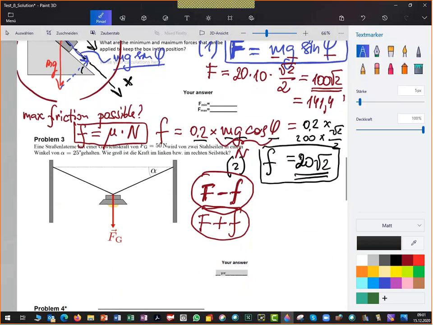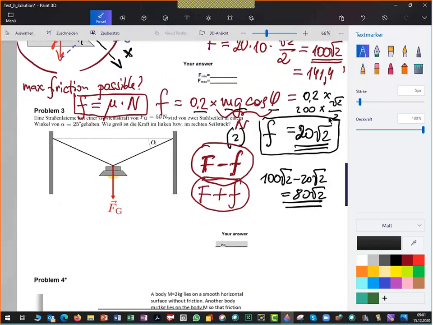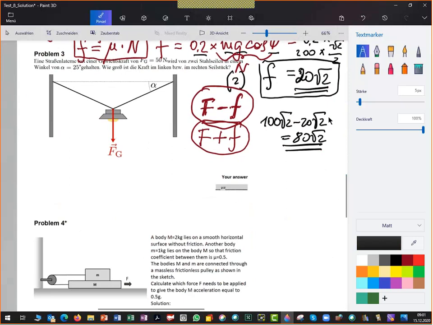In this system, the minimal force you may have will be 100 square roots of 2 minus 20 square roots of 2, which is 80 square roots of 2. And the maximal force you can have in the system without having it moving is 100 square roots of 2 plus 20 square roots of 2, which will be equal to 120 square roots of 2.